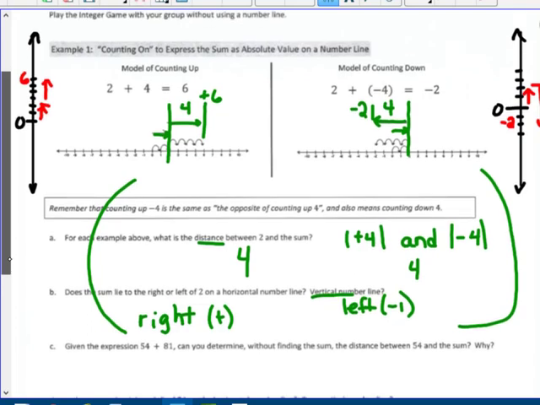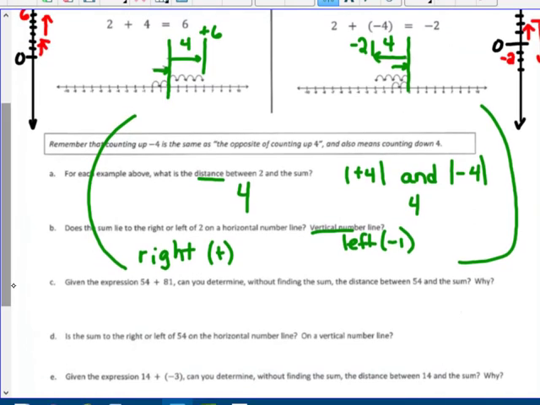So the sum, 6, is above on the vertical number line, which is positive. And on the vertical number line here, going up 2 and then down 4, my sum, which is negative 2, is below, which is negative.